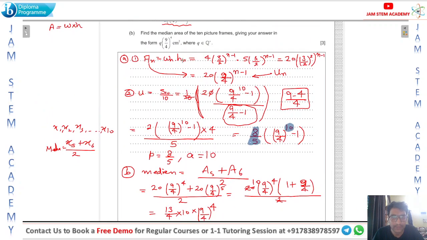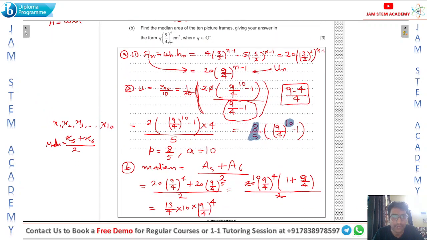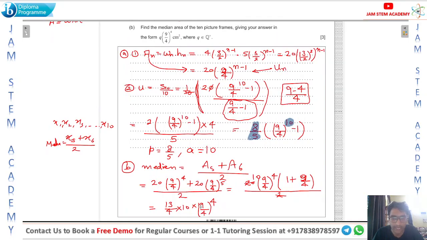In the question it says our answer should be in this form: Q times 9 by 4 whole raised to the power 4. We already have 9 by 4 whole raised to the power 4, which means the remaining portion is the value of Q. So we can further simplify it. It is 130 by 4, that is the value of Q, or you can say 65 by 2 is the value of Q.